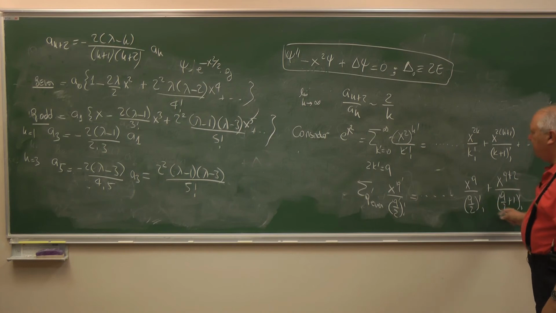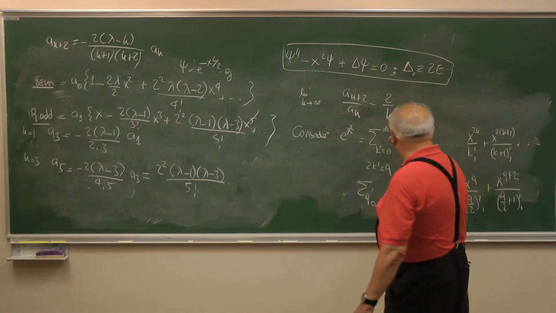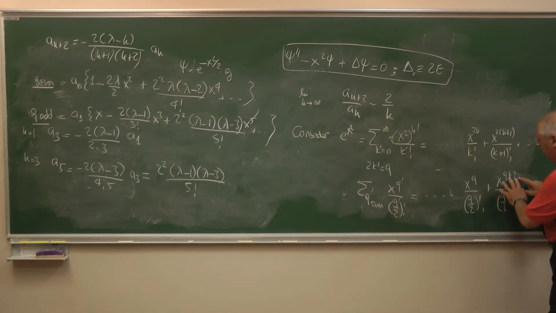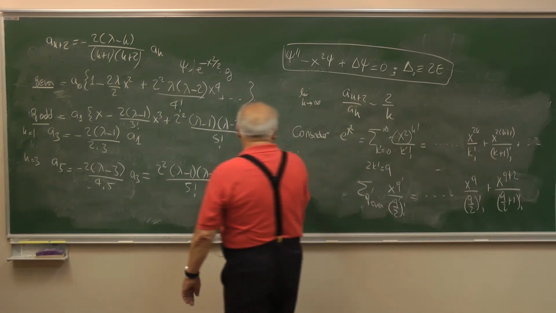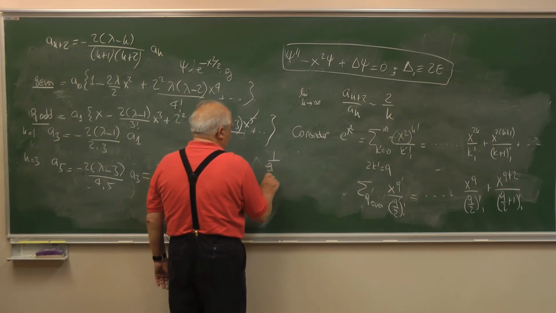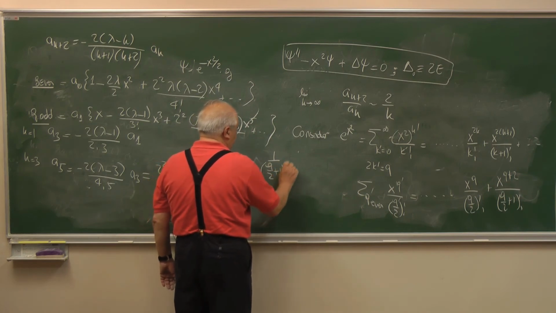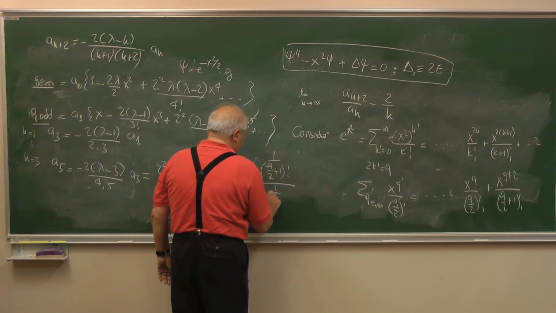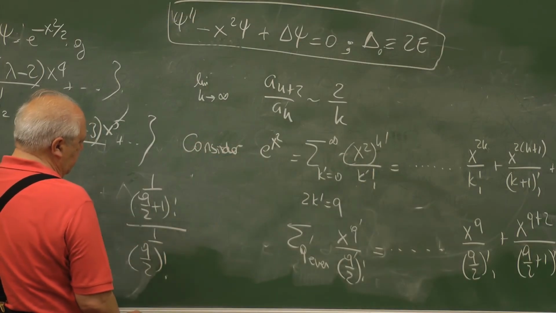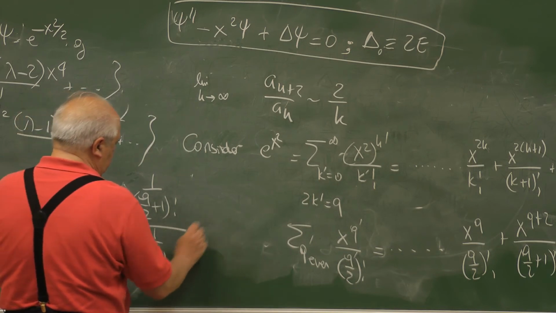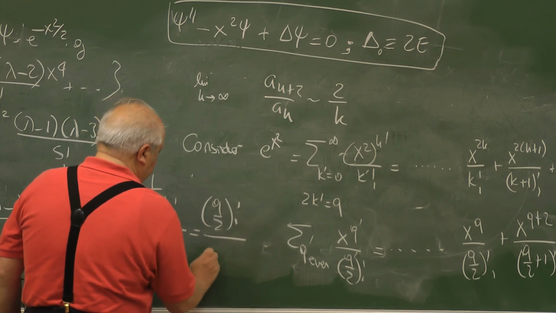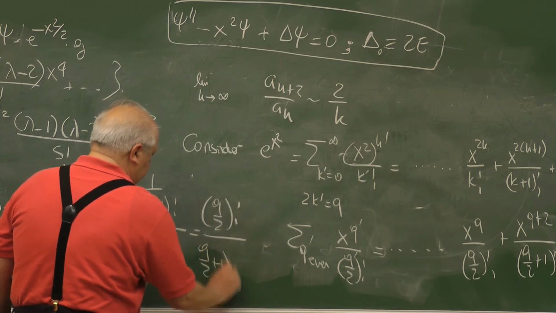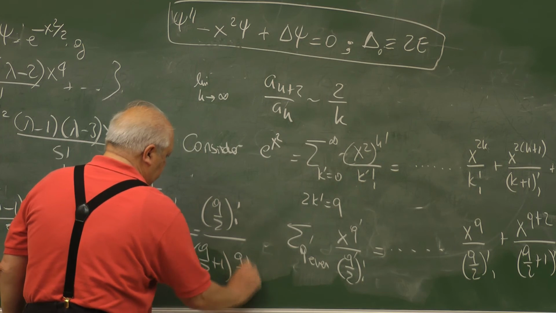Now let us compare these coefficients. The coefficient of this one divided by this one. So it is 1 over q over 2 plus 1 factorial divided by 1 over q over 2 factorial. This goes up, this is at the bottom. And this is q over 2 plus 1 times q over 2 factorial.